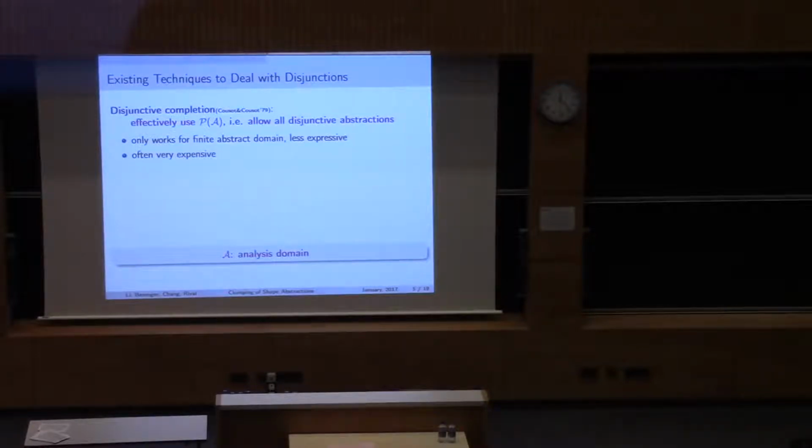Existing techniques to deal with disjunctions include disjunctive completion, which builds the disjunctive abstract domain by using the power set of the analysis domain. Therefore, it only works for a finite abstract domain, which is less expressive, and it's also often very expensive because it allows all disjunctive abstractions.